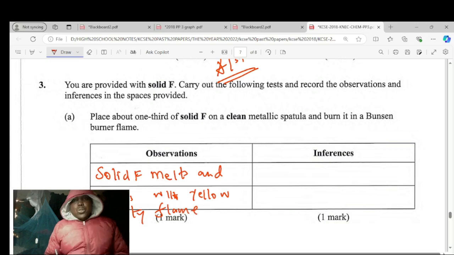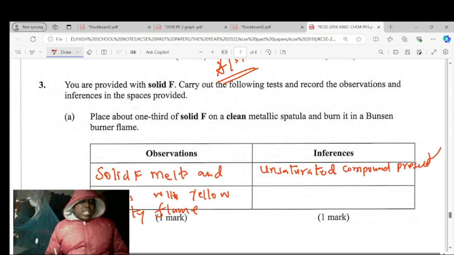It is allowed for you to write unsaturated organic compound present. It is allowed, but if you want to write this one, unsaturated ni gani? Ni mbili, ni double bond.